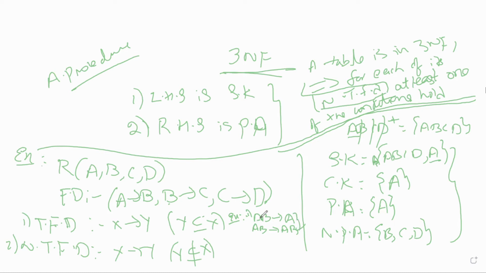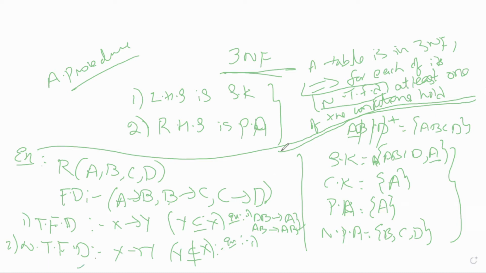And coming to the second one, that is non-trivial functional dependency. Let's see the examples. If Y is not a subset or not equal to X, then we can say that the given FD is a non-trivial one.